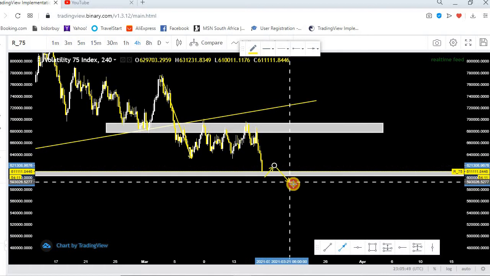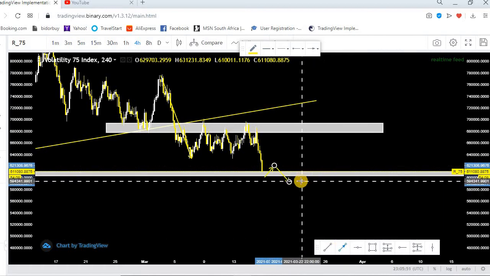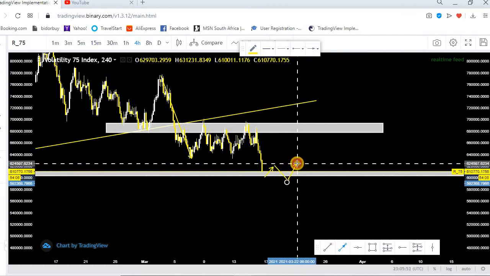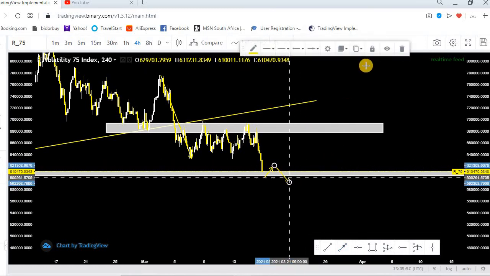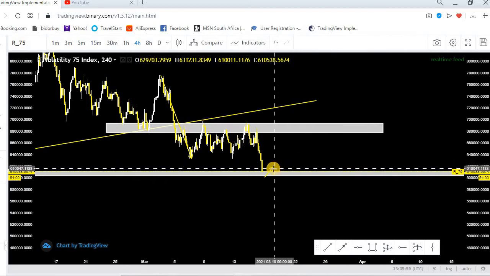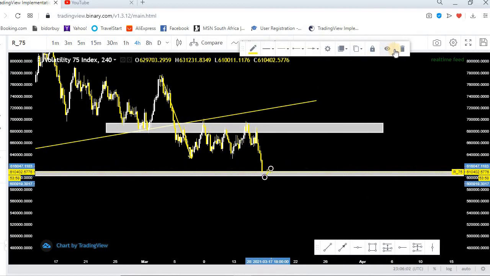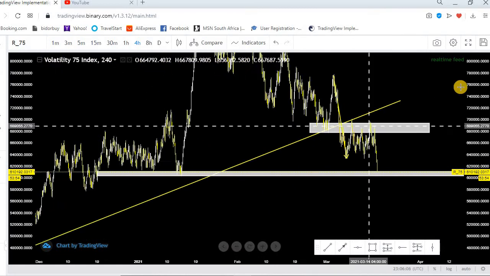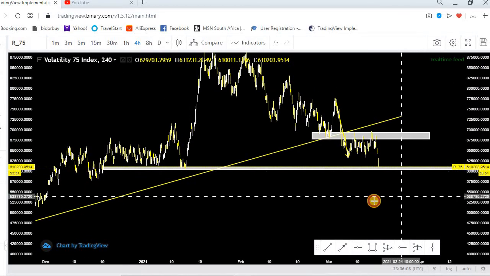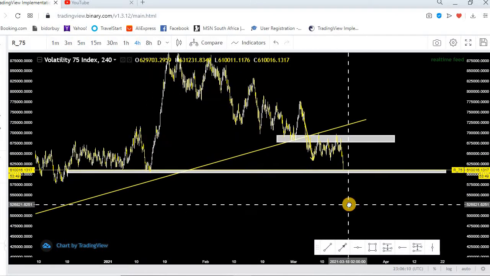So now we are expecting it to either do a correction down here, trying to play some tricks before we can see another impulse move. It plays like whatever goes up must come down. But in this case, it has to breathe.